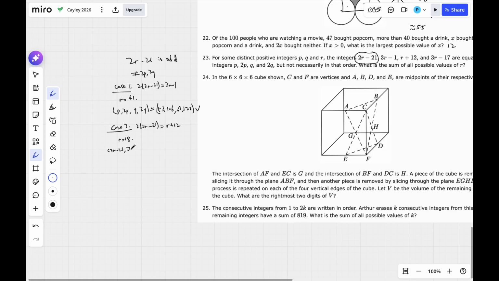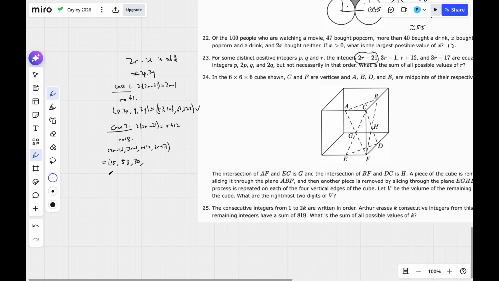Next, for case 2, we have r plus 12 is double of 2r minus 21. Solving this, we get r equals 18.